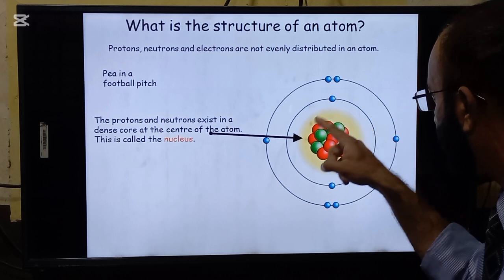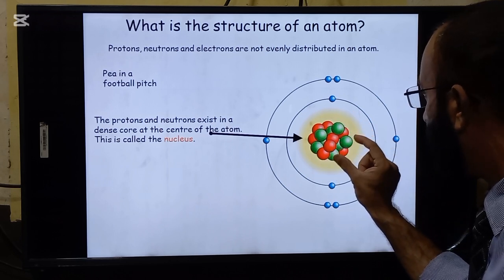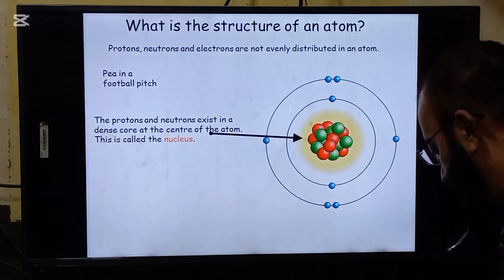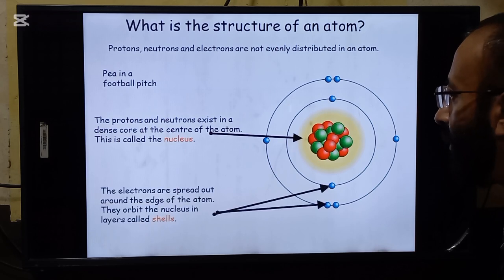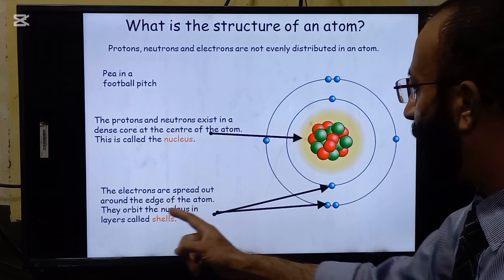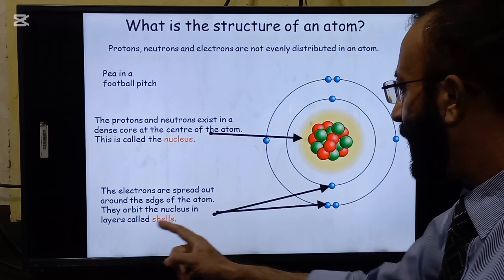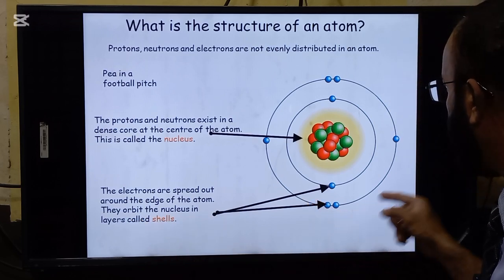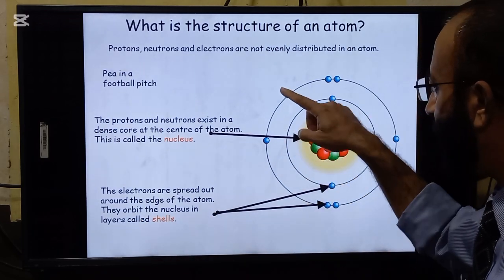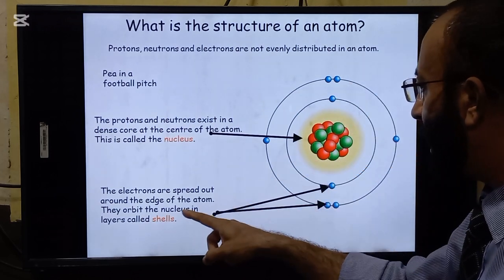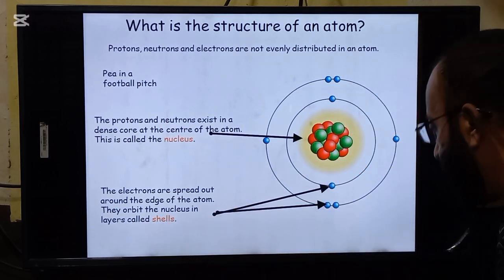So this is called the nucleus where neutrons and protons are present. The electrons are spread out around the edge of the atom. They orbit the nucleus in layers called shells. So these are the shells and they orbit around in the shells.